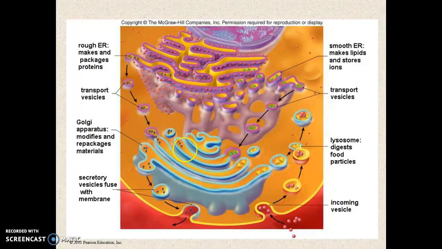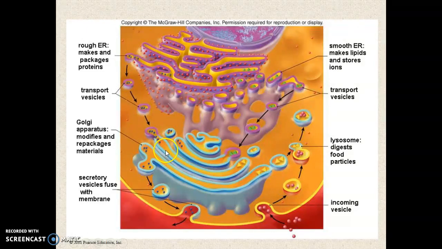So these different components of the cell function together for the manufacture and export of protein. There is a pathway for proteins to be produced in the cell. They are produced on the exterior surface of the rough ER. The protein will enter the rough ER for modification. It will be packaged in a little vesicle. That little vesicle will squeeze off and travel to the Golgi apparatus.